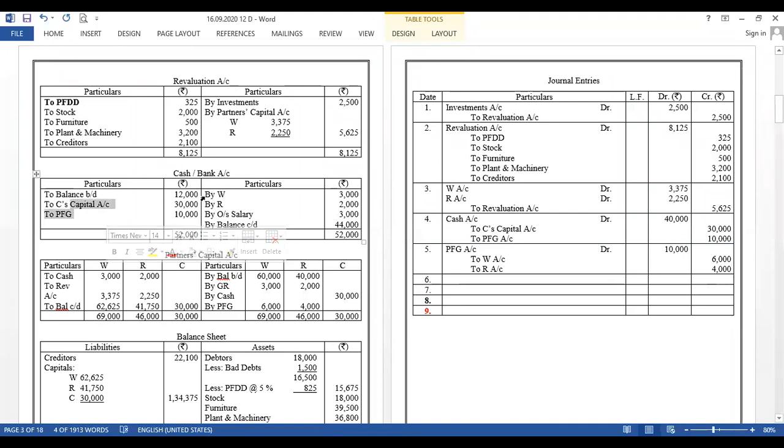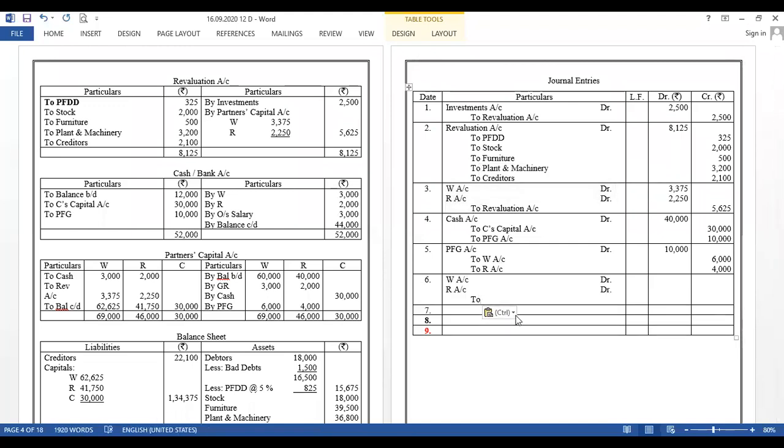Now we can see that this amount appears over here. W and R appear on the credit side of cash. So they must have withdrawn, right? The cash gets a credit effect and W and R will be debited. Okay, let me copy this. So W and R account debited to cash account because cash goes out.